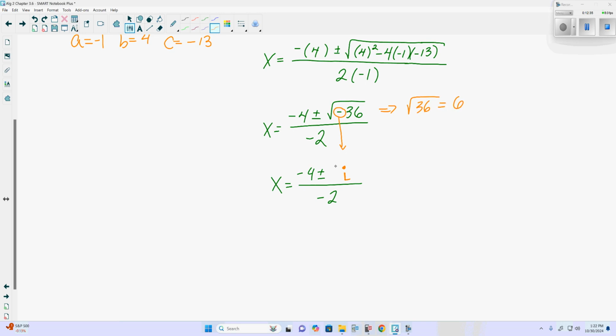And the square root of 36 is 6, which tells us the square root of -36 is indeed 6i. Questions on this here? All right.